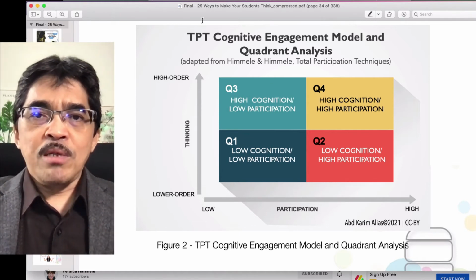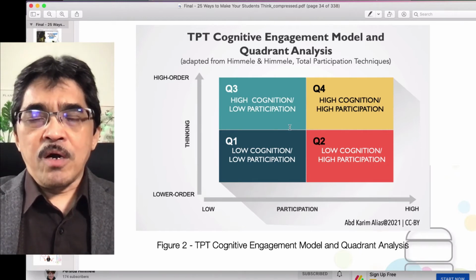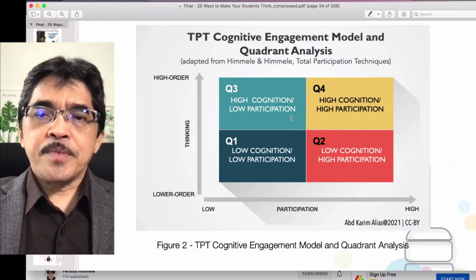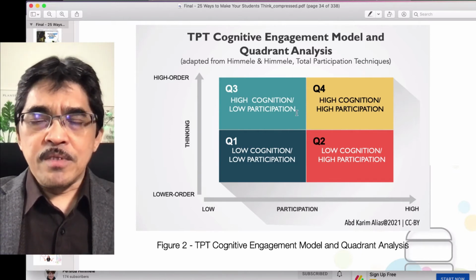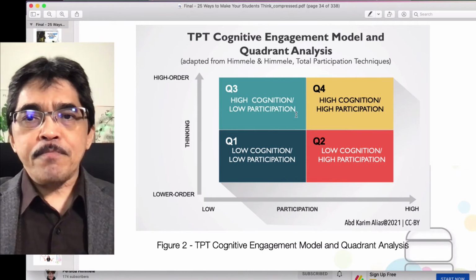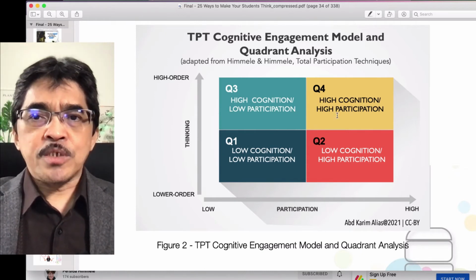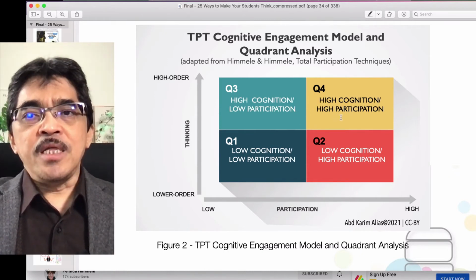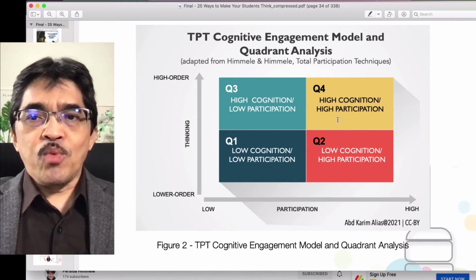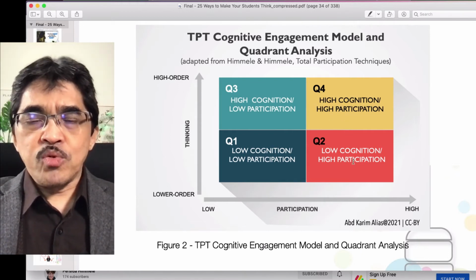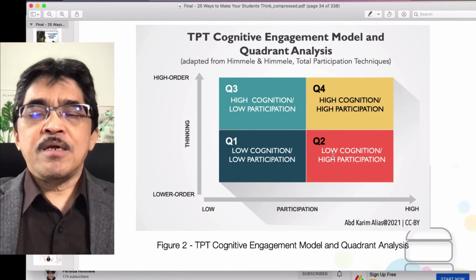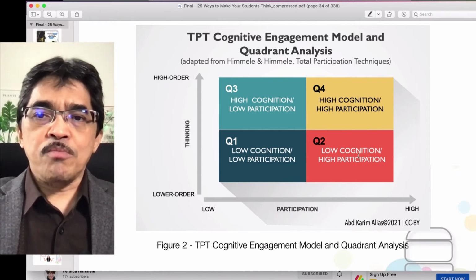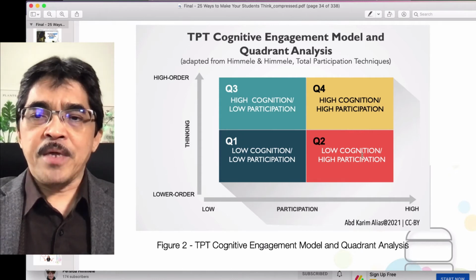So in other words, this is a very good model for teachers to analyze every learning activity that they design in their course, in terms of student engagement. You want to get a high level of student participation, which is in Q2 and Q4, and your learning activities could be partly at the low level of Bloom's taxonomy, so low cognition activities.